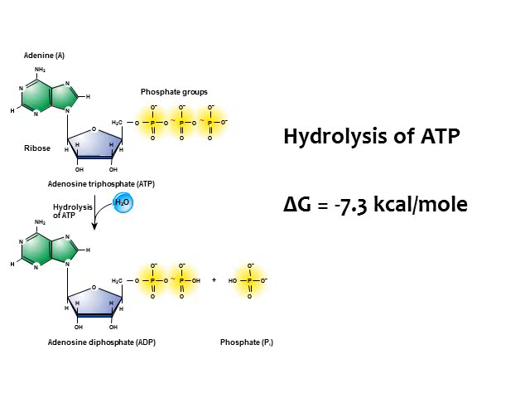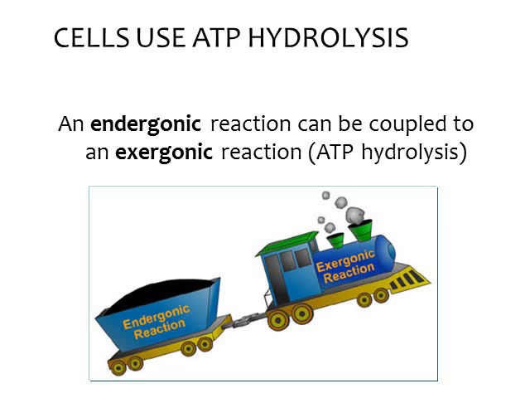So hydrolysis of ATP is a way that cells can release energy from all of the ATP molecules in the cell. So this exergonic reaction, this ATP hydrolysis, we're going to couple it with an endergonic reaction.